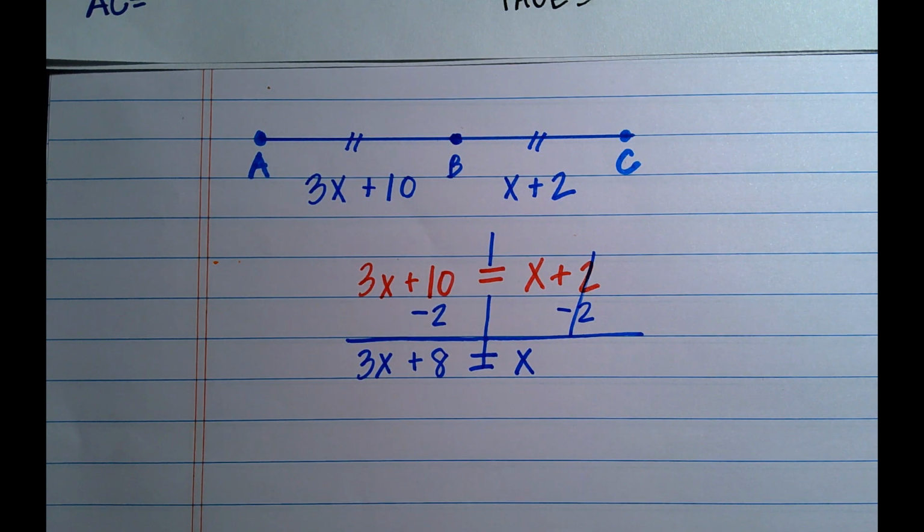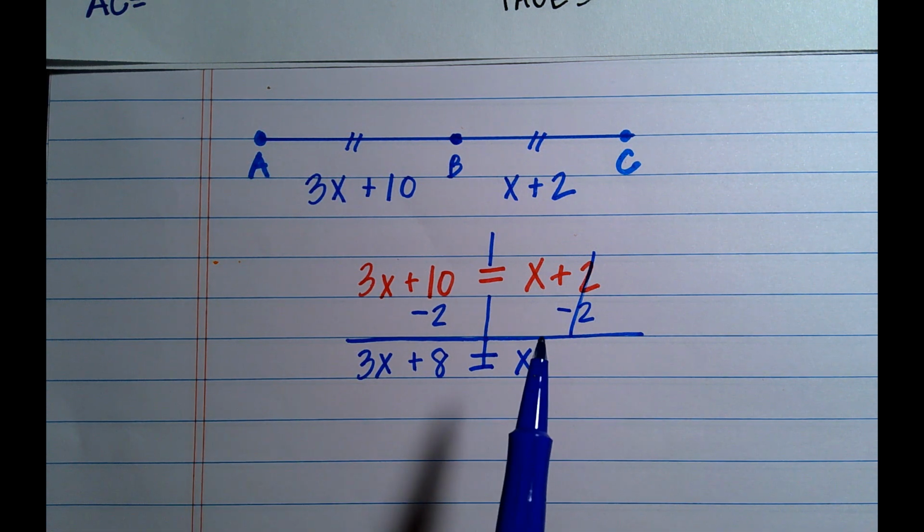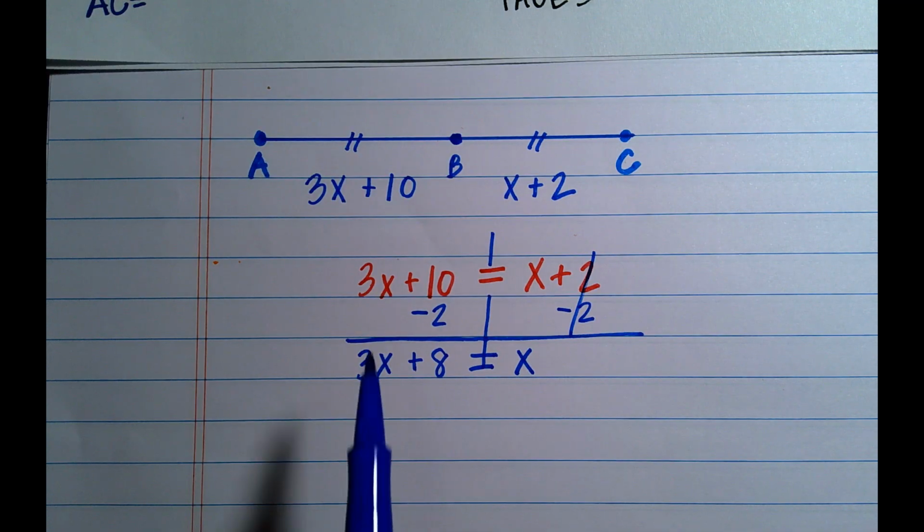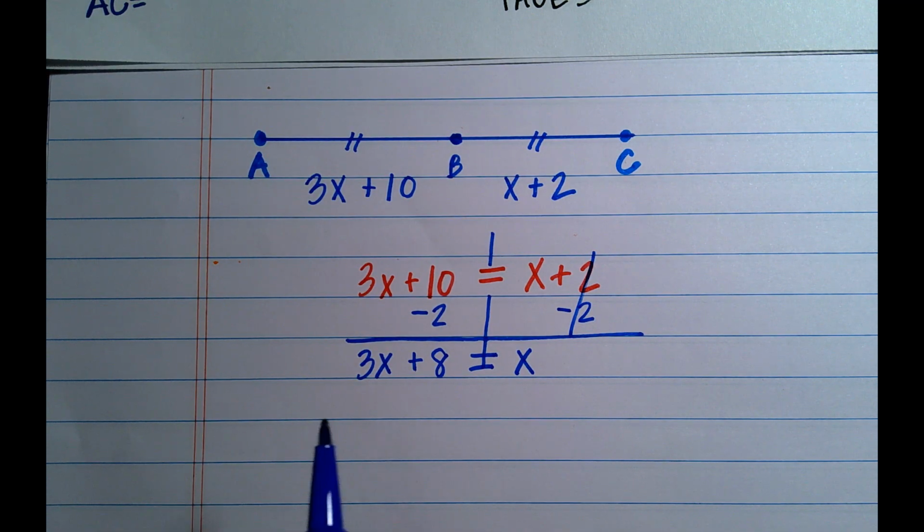We do still have more like terms that need to be combined. Yeah, the 3x and the x. Now, since they're not on the same side of the equal sign, we can't just add them together and say 4x.